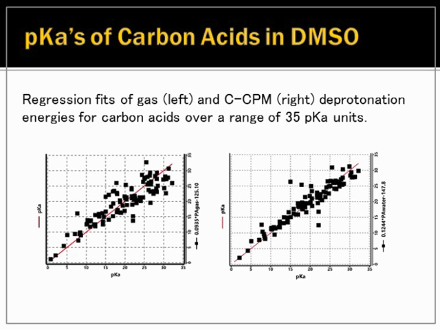It's pretty bad, but at least there is clearly a relationship over strong acids versus weak acids. If you now do this in the CCPM model, which is not very much more expensive, the correlation is clearly better. There are some outliers here which need to be questioned.